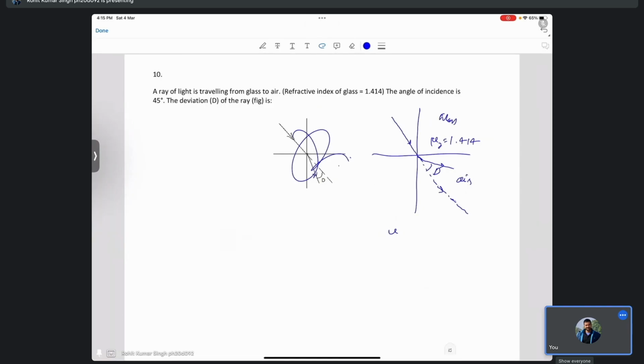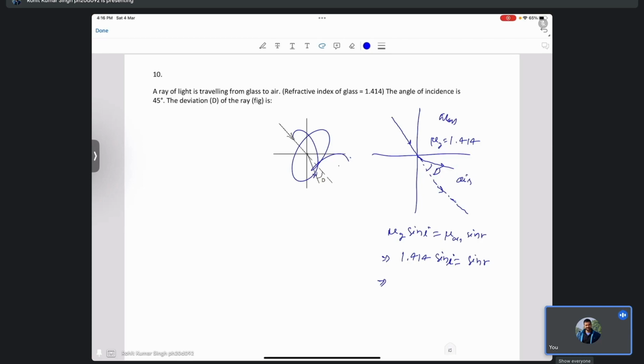Mu G sine I equal to mu air sine R. So mu G is 1.414 into sine I equal to mu air is 1 sine R. The angle of incidence is 45 degrees.